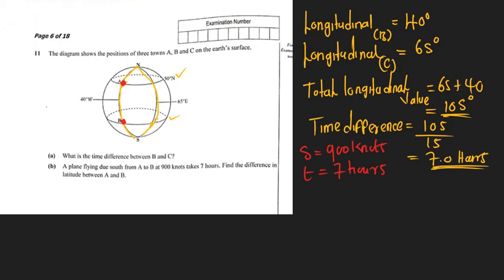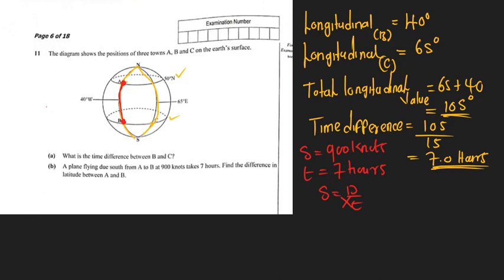So the first thing that you're supposed to remember is, what formula do you use for speed? Speed is equal to what? Distance over time. Very good. So you need to find your distance. How do you find the distance?